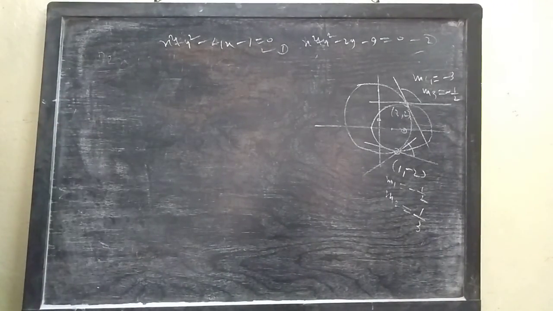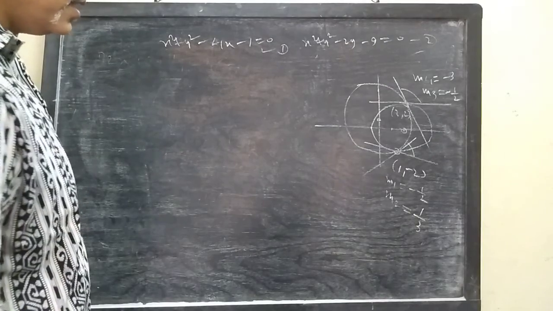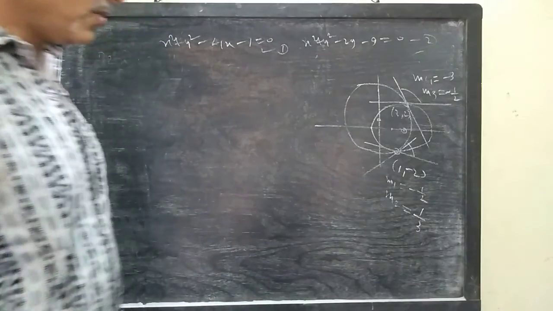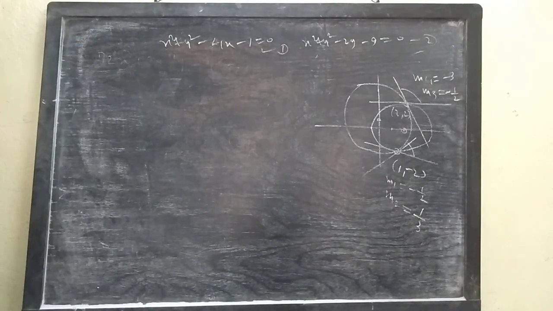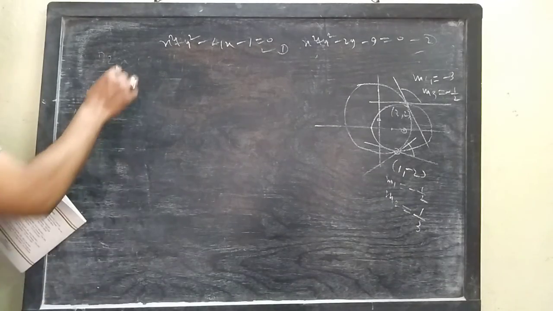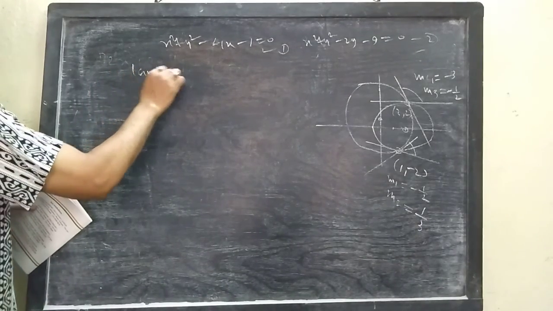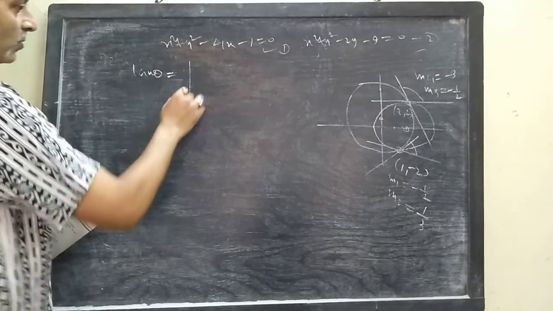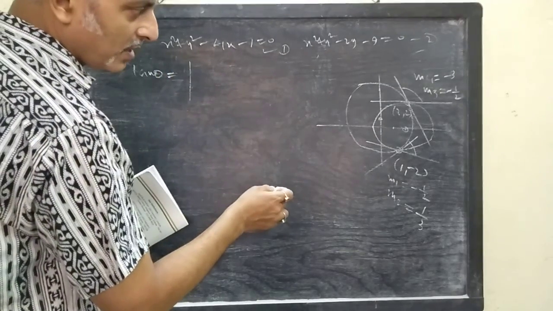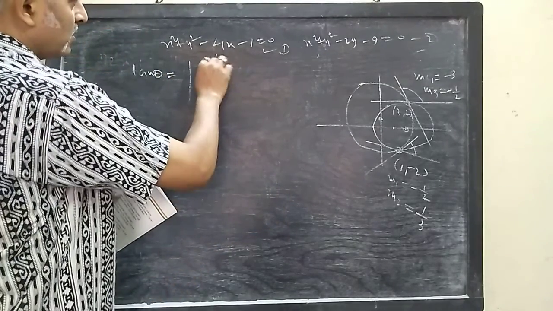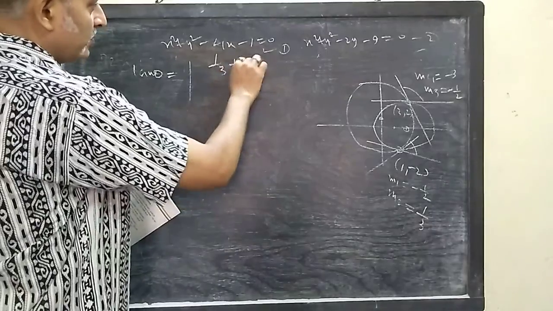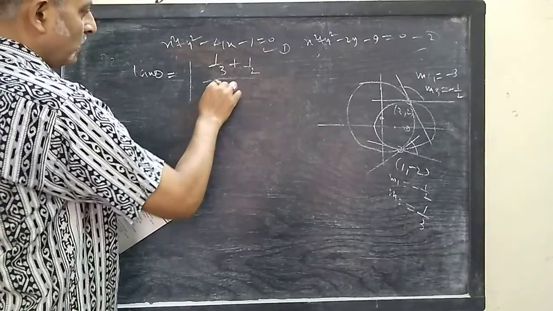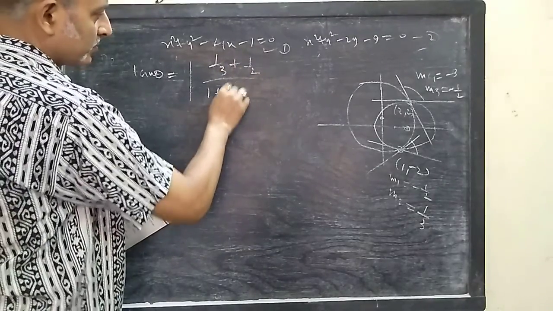So first declare, let at the point of intersection 1 comma minus 2, the acute angle between the tangents be theta, then tan theta equals to mod of m1 minus m2 by 1 plus m1 m2, 1/3 plus 1/2 by 1 plus m1 m2.